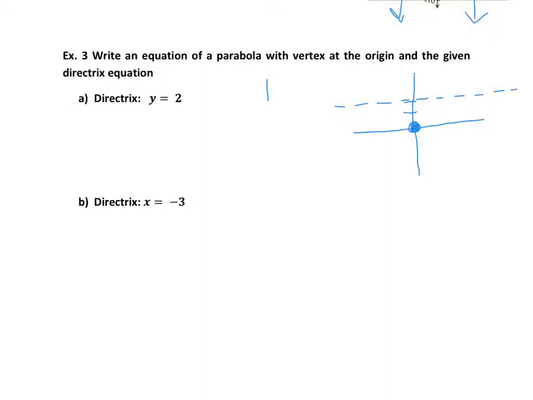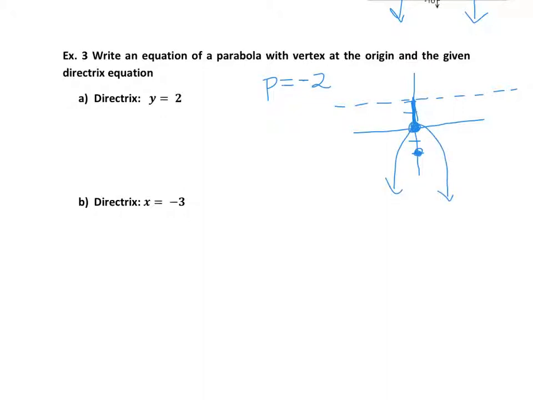That means that my p-value is going to be 2. The distance is 2. Now, that means that my focus is down here. And remember, if it's an upside down parabola, then your p-value is actually -2. So this would be what it would look like.